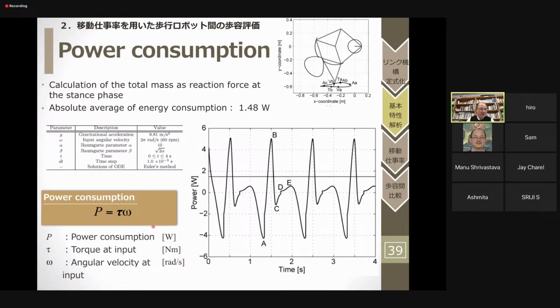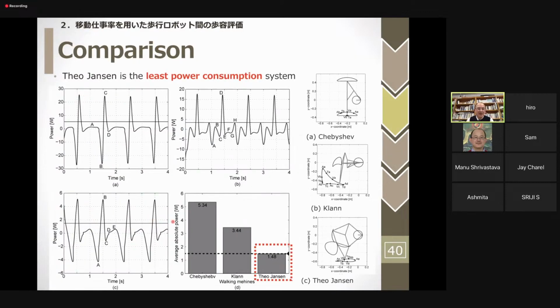Then we try to normalize this comparison across different mechanisms. Average power, okay, Chebyshev may need high power, but Theo Jansen needs less power. That is true.